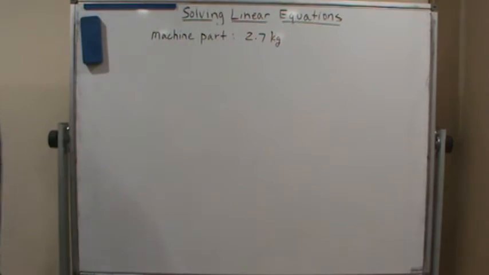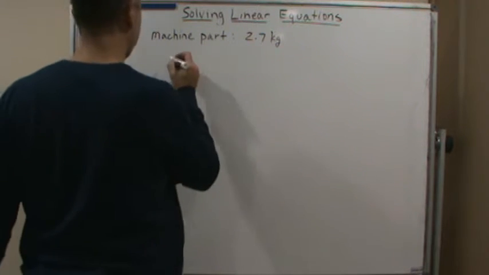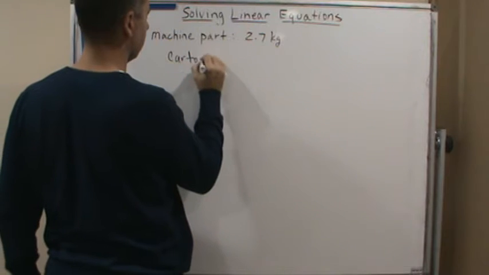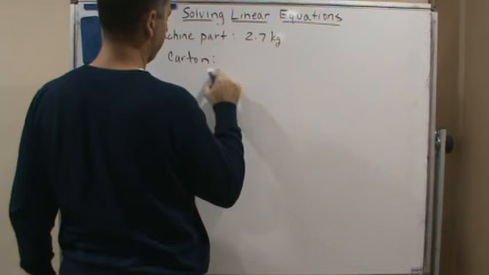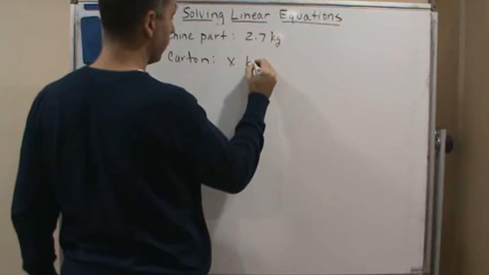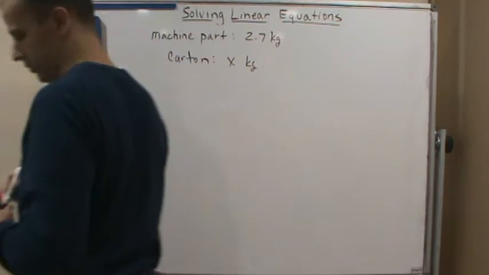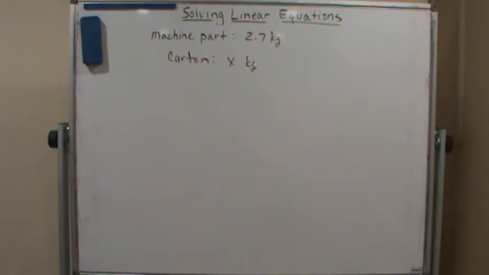So it weighs 2.7 kilograms, and it is to be shipped in a carton weighing X kilograms. Okay, so there's a carton, and the carton weighs X kilograms, so we don't know what it is. We don't know the weight of the carton. Now it says if the total weight of 3 packaged machine parts is 9.3 kilograms.